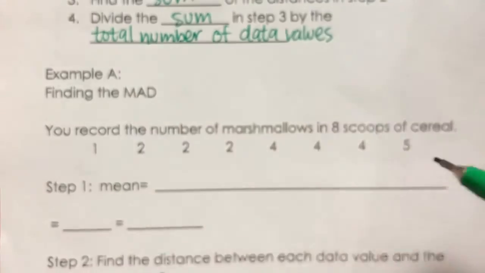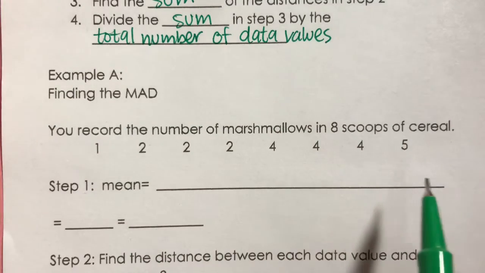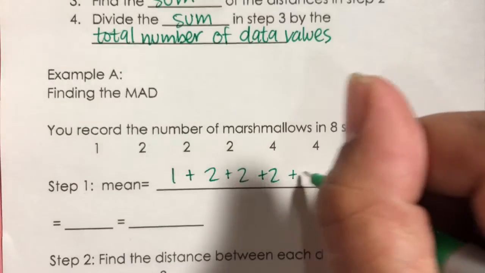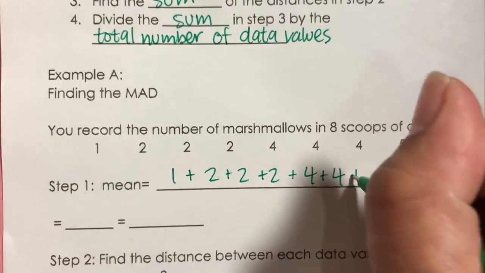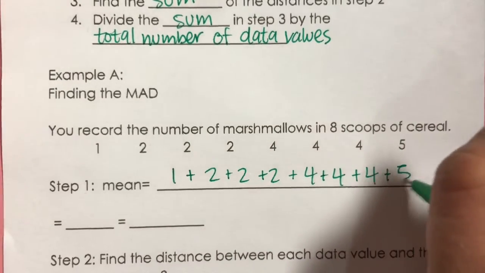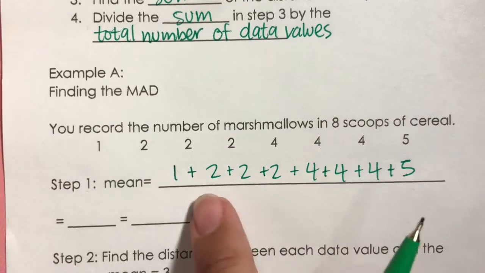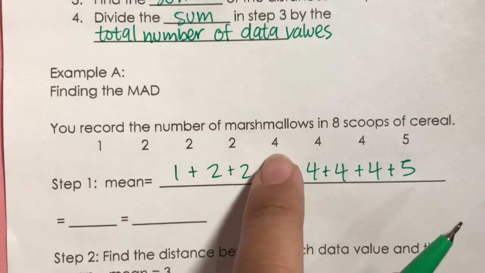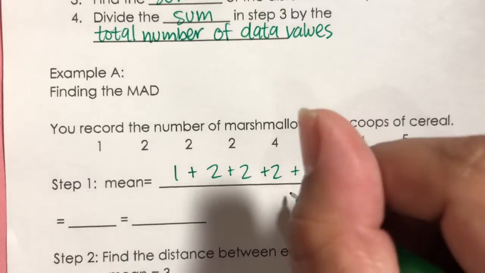So for the mean, it's the sum of all these numbers divided by however many numbers there are. So I'm going to add all of them together. And then we're going to divide it by however many numbers there are. There is 1, 2, 3, 4, 5, 6, 7, 8. 8 numbers.